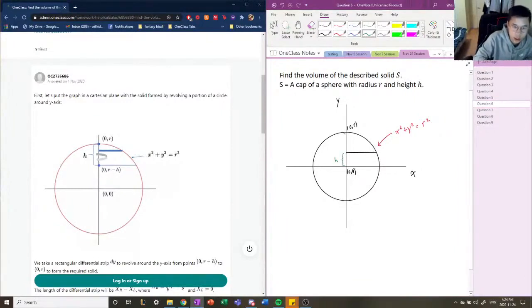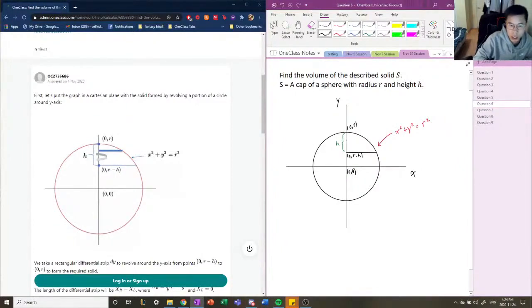Sorry, this length should be h. And this point here should be 0 and r minus h.